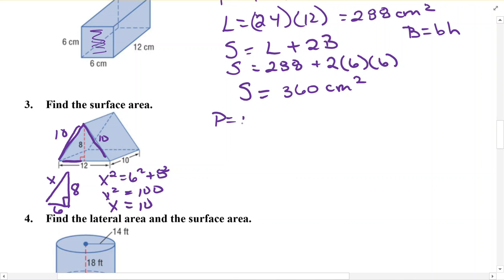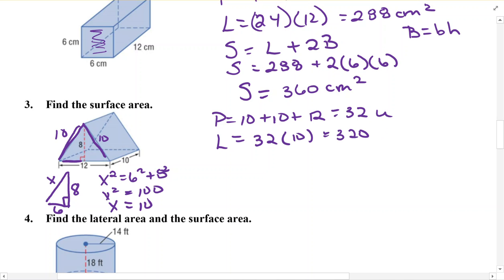So the perimeter would be 10 plus 10 plus 12, which would give us 32 units. The lateral area would be 32 times the height, which is 10, which is 320 units squared.